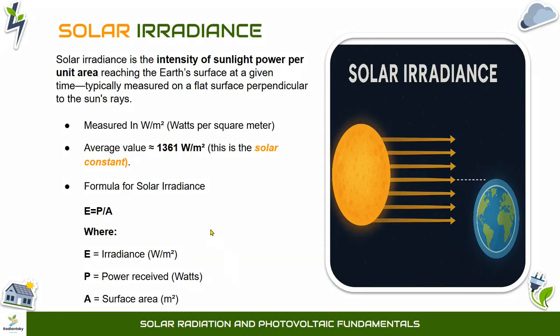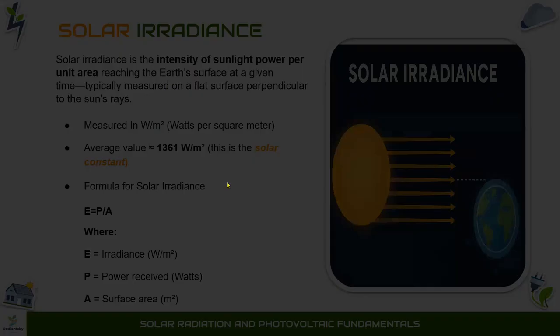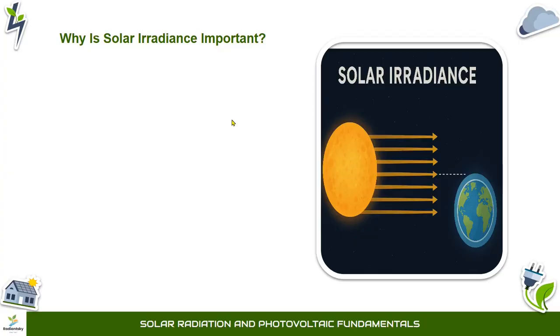I'm going to show you a simple calculation with this formula so that you really get to understand it. But before then, what is the importance of solar irradiance? Why do you need to understand it? First, you can use it to determine how much electricity a solar panel can produce.